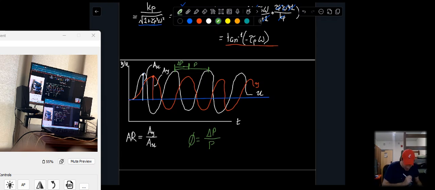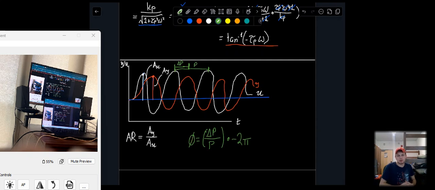This is the phase shift of the output to the input. This is obviously times negative 2 pi to represent one complete oscillation.